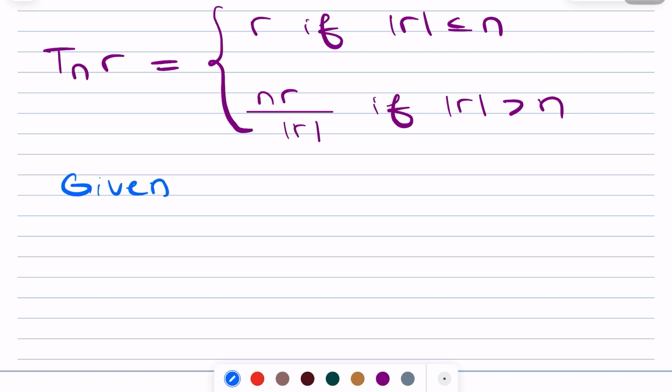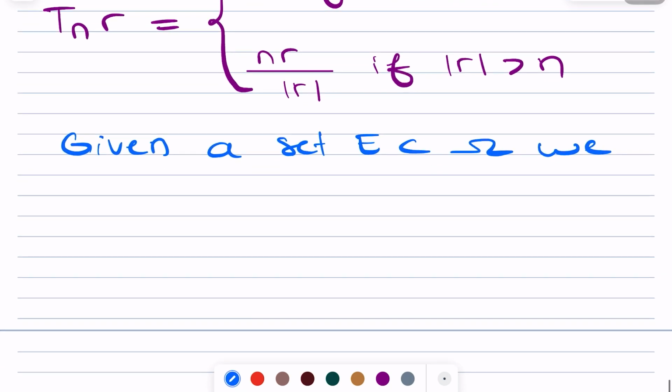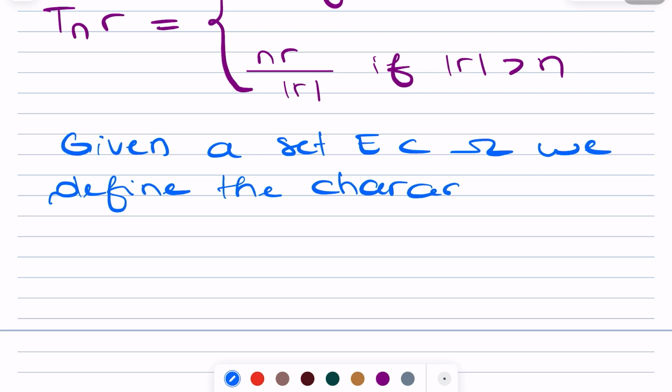Okay, and also this is just a recall. Given a set E in omega, we define the characteristic function.